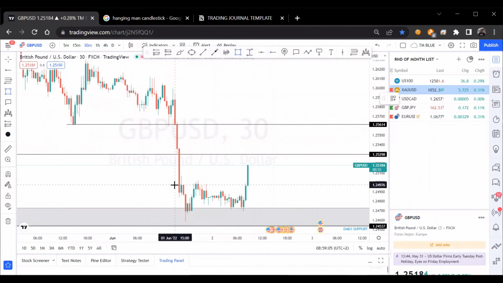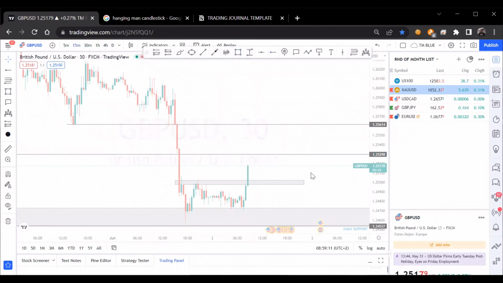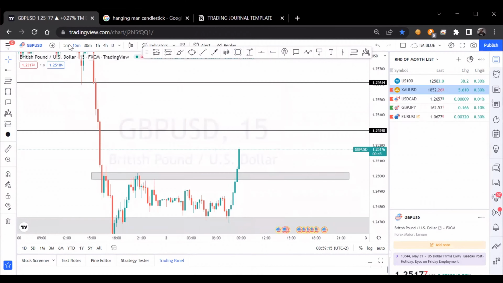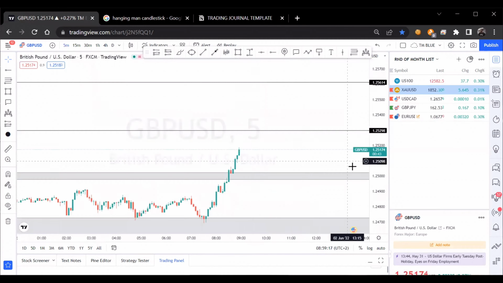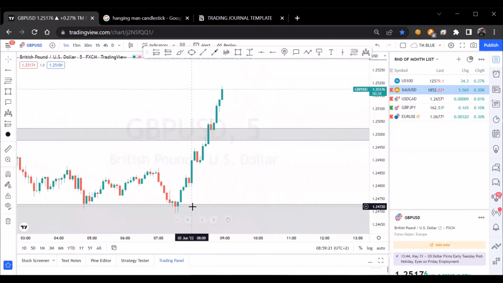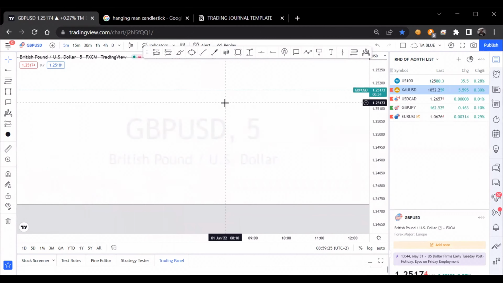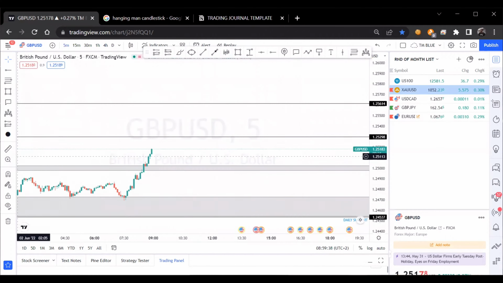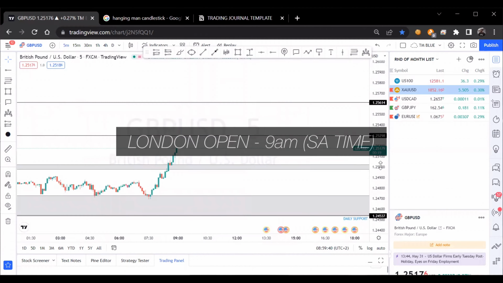We've got a support resistance there that now needs to be turned into support. 15 minutes, we're still going up. 5 minutes, now what can we see? Low, low, low, low.